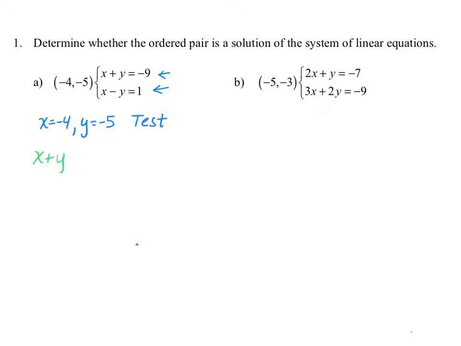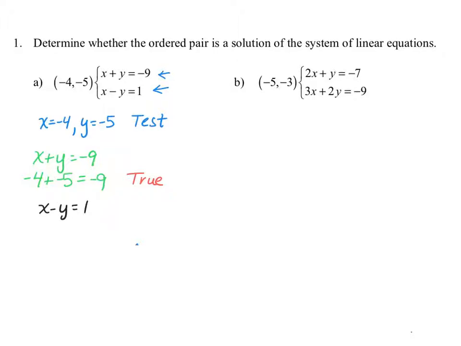Let's begin with the first equation, x plus y is equal to -9. If we plug in x equals -4 and y equals -5, does that equal -9? Since this is a true equation, it is a solution to the first linear equation. We also need to check the second linear equation, x minus y equals 1.